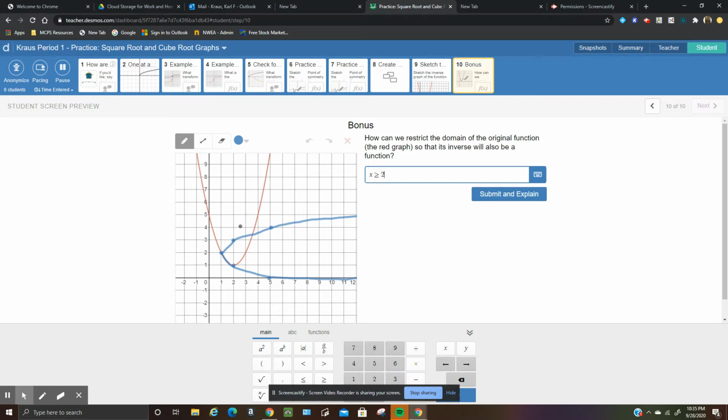Or I could say x is less than or equal to 2. And I would just get the left branch. And then the inverse of the left branch would be the bottom one.